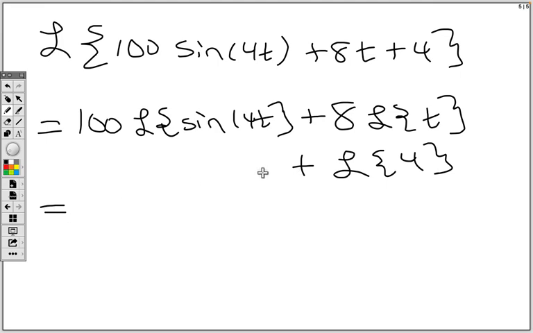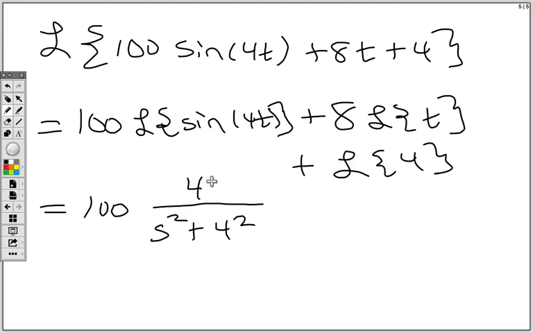Now 100 sine of 4t, we've got the regular circular functions here, sine and cosine. So they are going to give us squares in the denominator, in this case a sum of squares, so it's going to be 100 times. The frequency here is 4. That's going to be s squared plus 4 squared. And since this is the sine, we get the frequency in there in the numerator there. What's the Laplace of t?